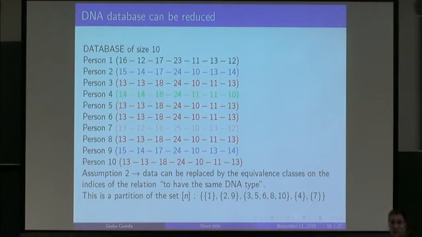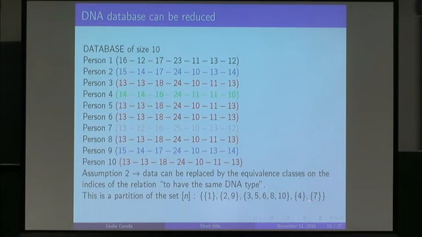Instead of having all this information, I just use the partition of the indexes from 1 to 10 made of the equivalence classes obtained by the equivalence relation of having the same DNA type. This is a rather long sentence, so maybe I should give you an example. The idea is that from this database, I only retain this partition.